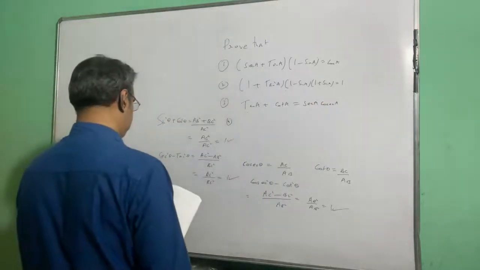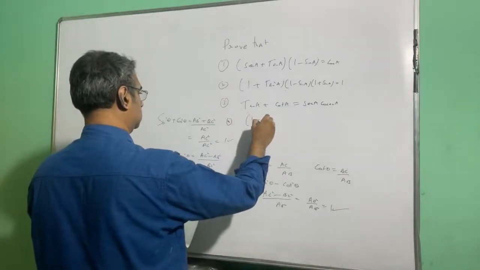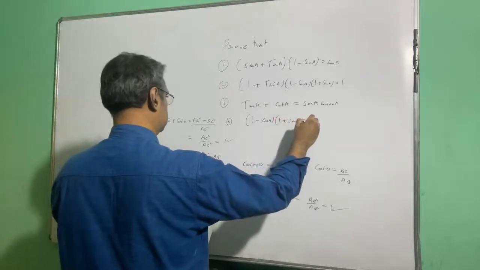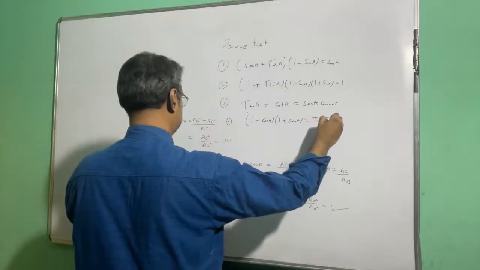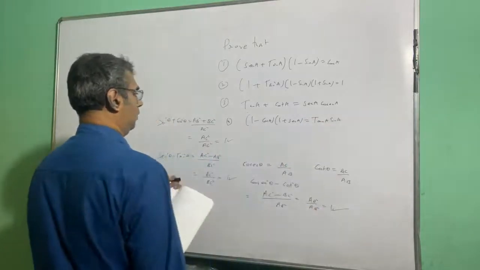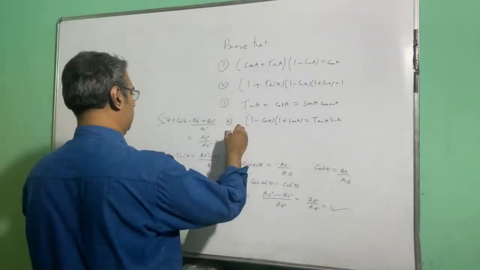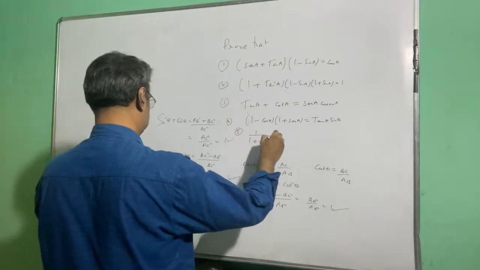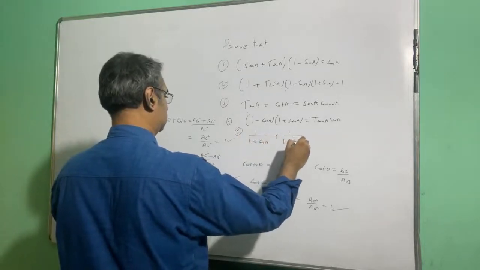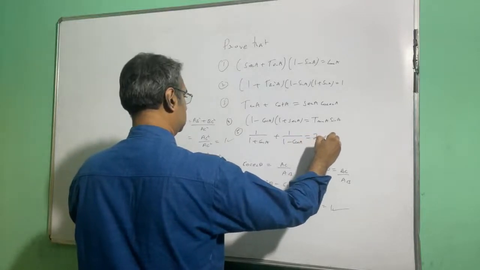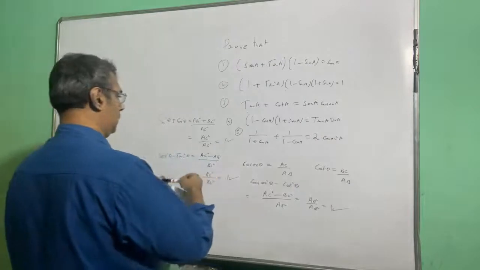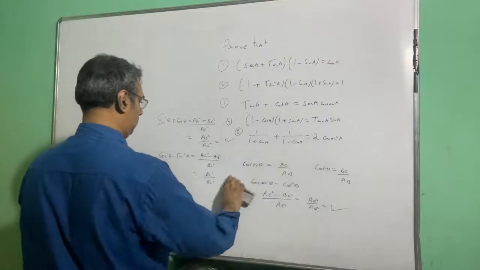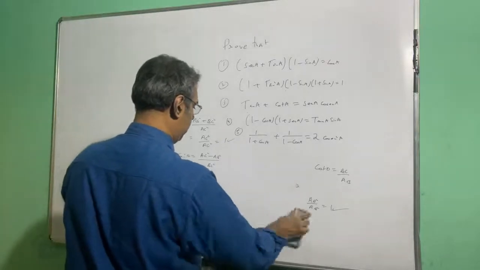Tan A plus cot A is sec A into cosec A. One minus cos A into 1 plus sec A is tan A sec A. 1 by 1 plus cos A plus 1 by 1 minus cos A is equal to 2 cosec square A. So these are the 5 homework questions.